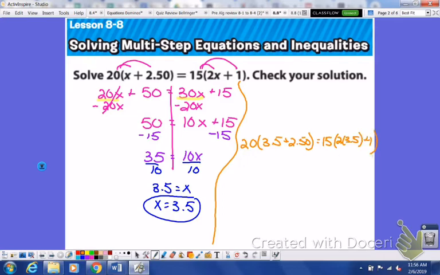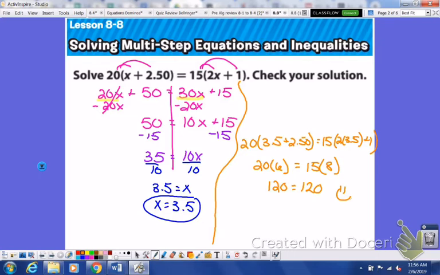At this point, you can start using your calculator. 3.5 plus 2.5 gives us 20 times 6 equals 15 times, if you did 2 times 3.5 plus 1, that would give us 8. Then 20 times 6, 120 equals 15 times 8, which is also 120. It checks out, so we get a smiley face.